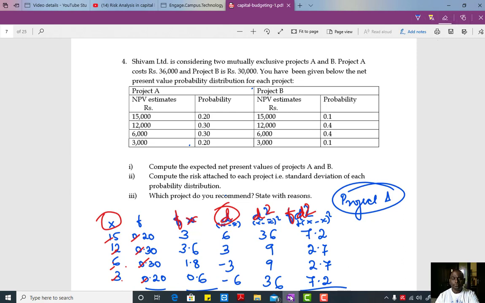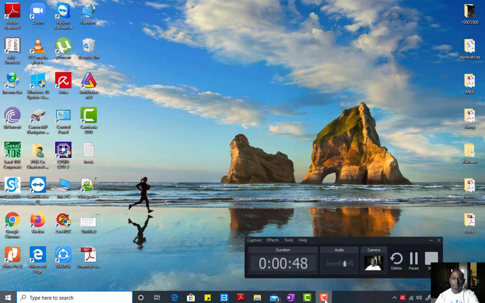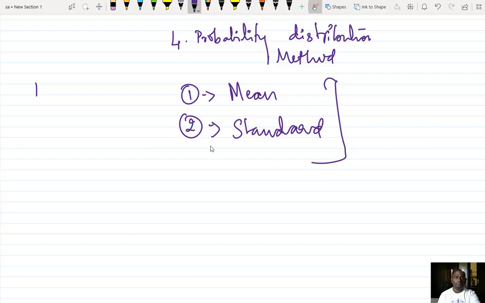Under probability distribution method, we have two steps. Step 1, you have to calculate the net present value.